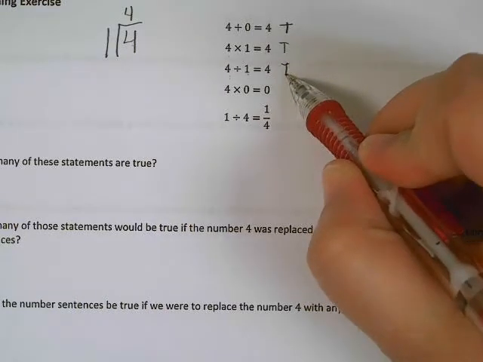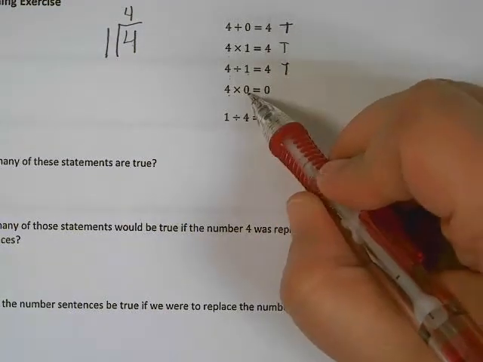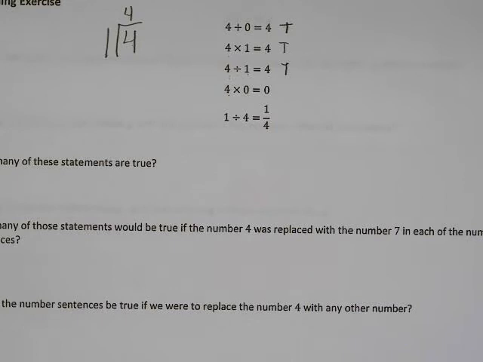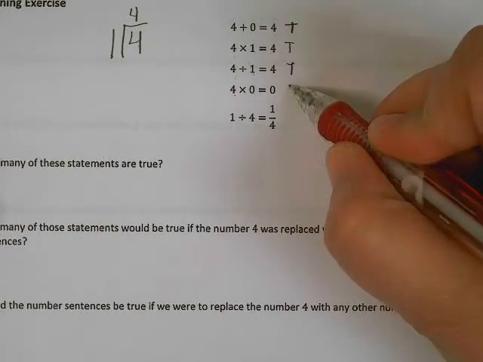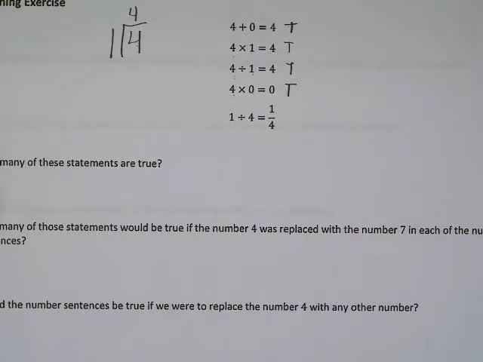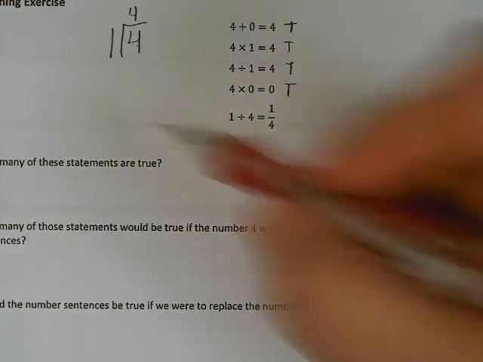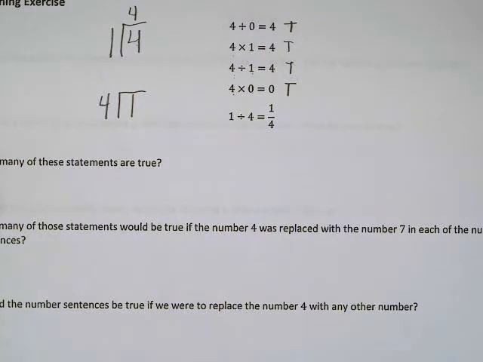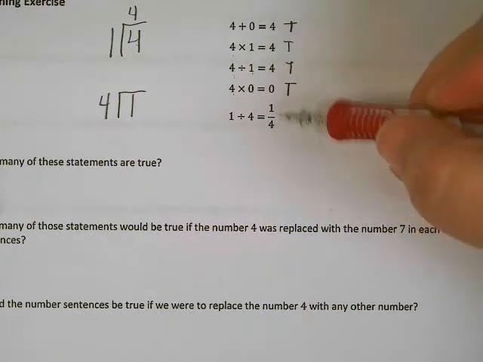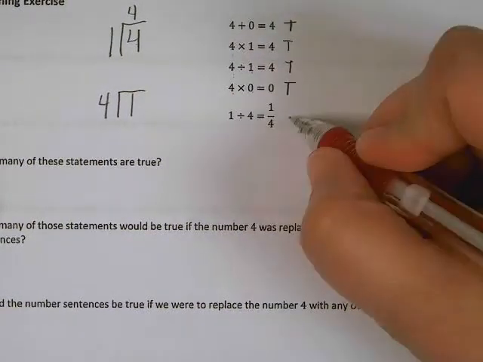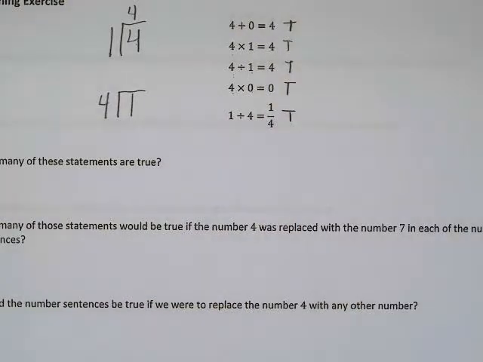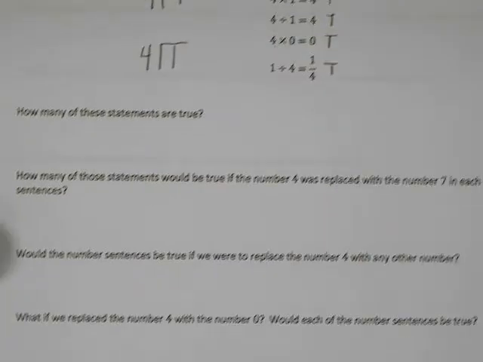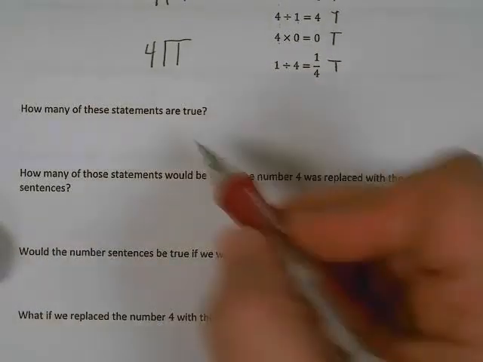So that is true. 4 times 0, according to what we just learned in our notes, results in 0. That is true. And then the last one, 1 divided by 4 is 1/4, and that is true. So how many of these statements are true? All of them.